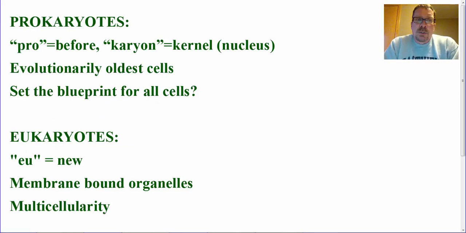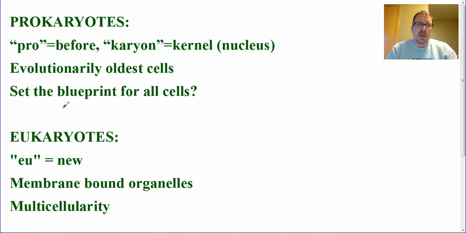And here we go. Two types of cells, prokaryotes and eukaryotes. As you can see by the terminology, pro meaning before. Karyon is nucleus, so before the nucleus.